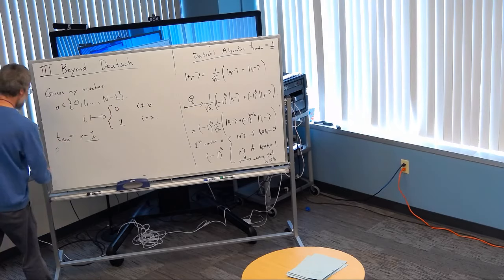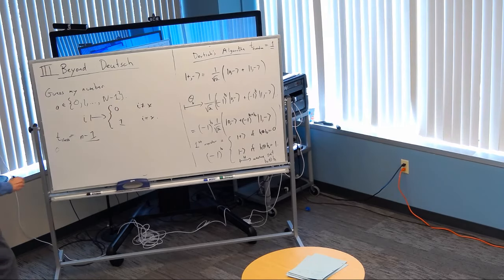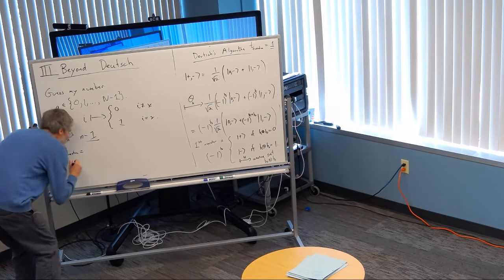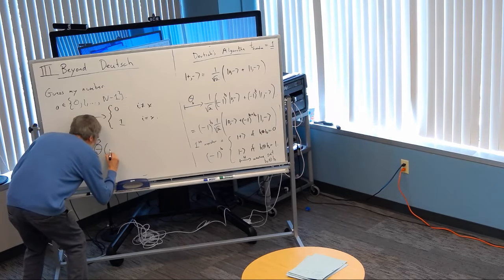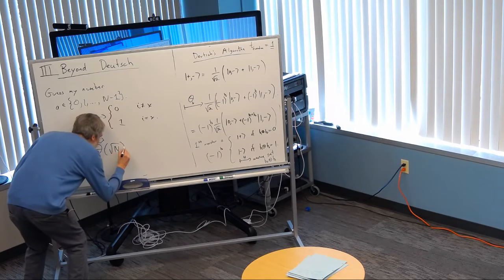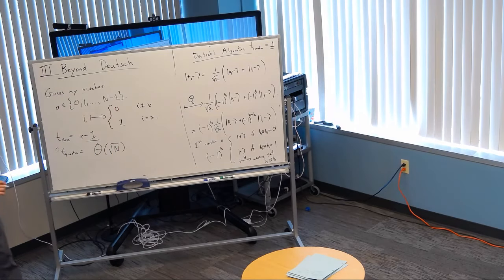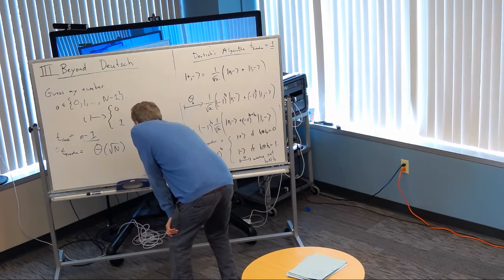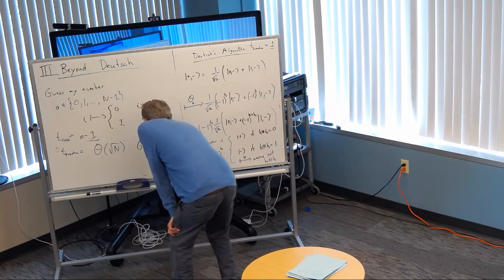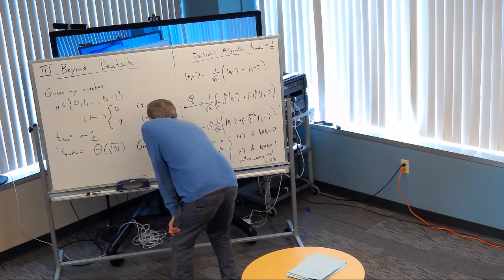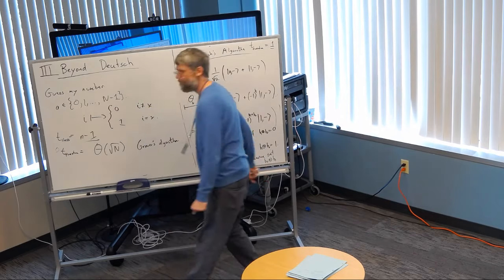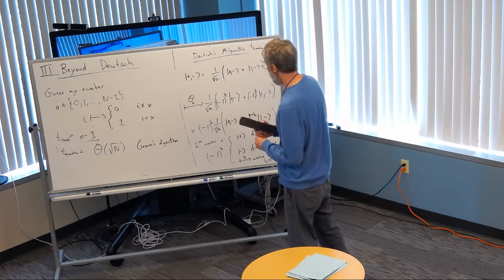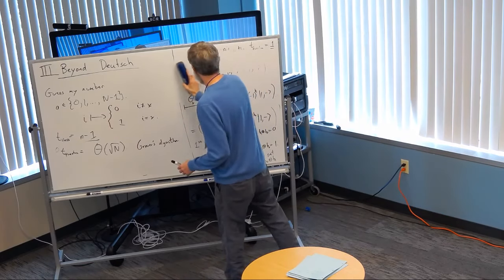So the remarkable thing here is that the quantum query complexity is root n. And that's something called Grover's algorithm. So you get a quadratic speedup and it has a beautiful geometry.